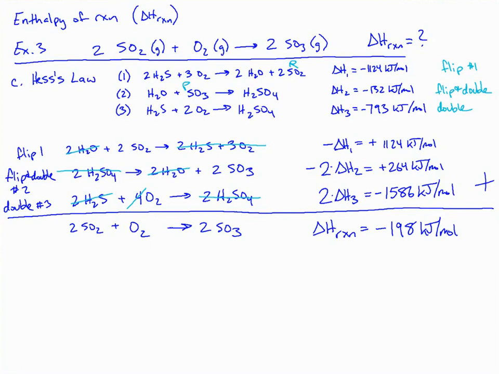Now, when we do this in our lab, it's probably not going to look that good. If the delta H of reaction from Hess's law was negative 198, the one in our experiment could be significantly different. It could be 170, it could be 150. You never know. There's a lot of chances for experimental error in thermochemistry.